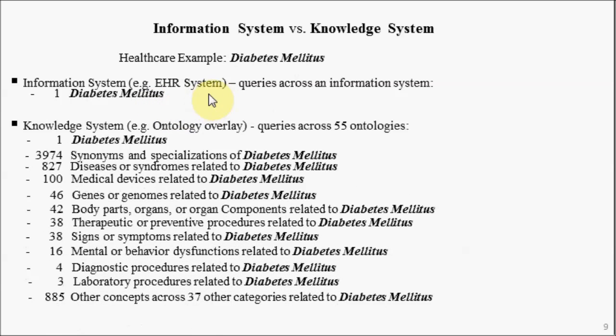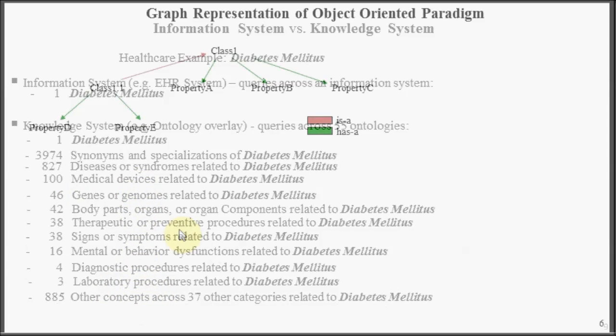When you take your information system and overlay it with a set of ontologies, you get a much richer set of questions you can ask it. So for example, with this notion of diabetes mellitus, we can return a set of medical devices associated with it, genes associated with it, body parts associated with it, diagnosis procedures, lab procedures, and so on and so forth. You get the idea.